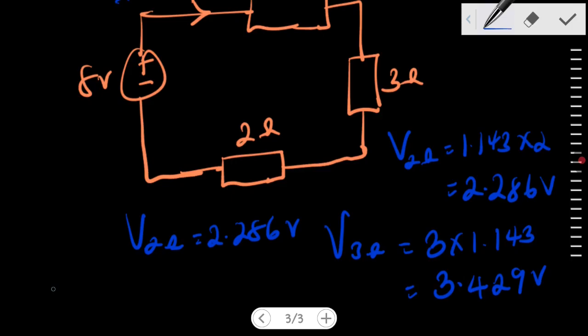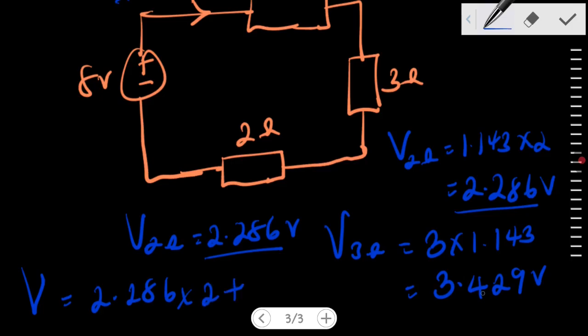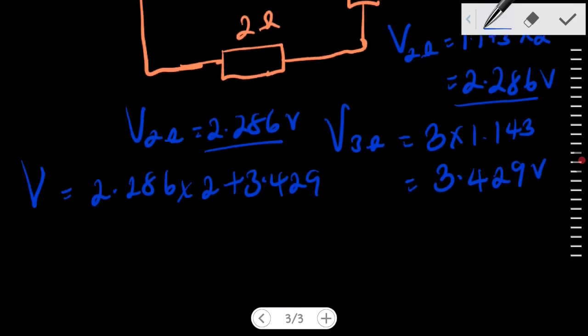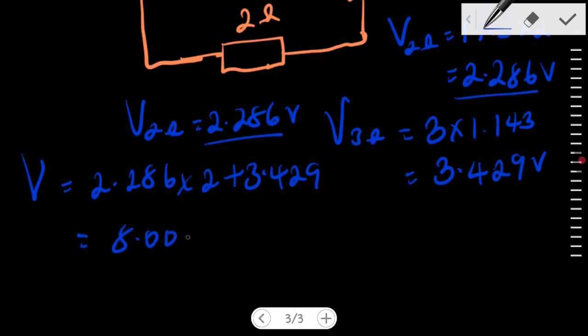Now, let's add up and see that V will be equal to 2.286, actually this is times 2 because of this and this, so times 2, plus 3.429, giving 8.001, which is approximately 8 volts, right?